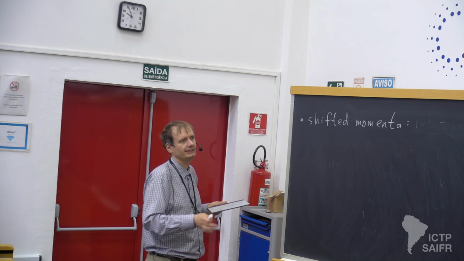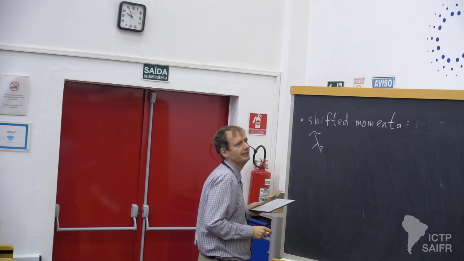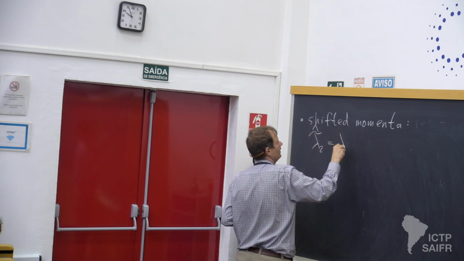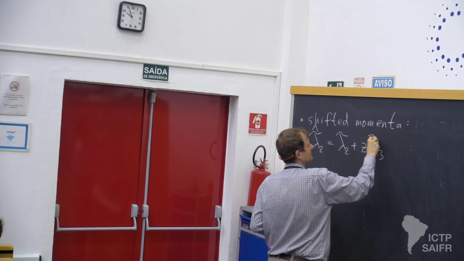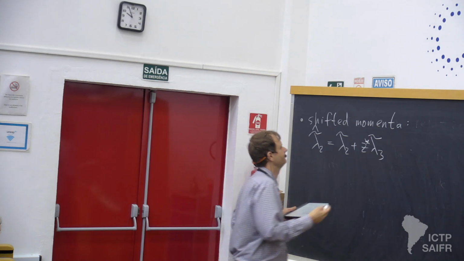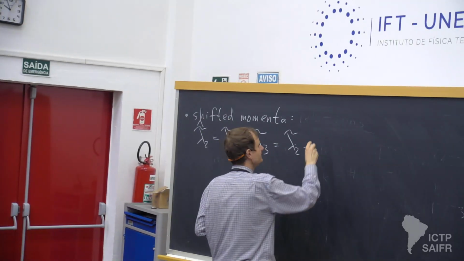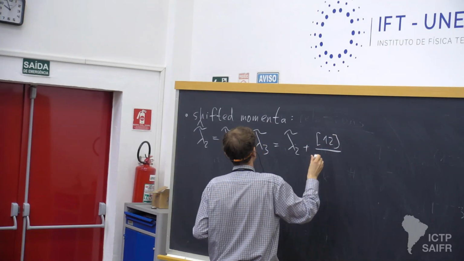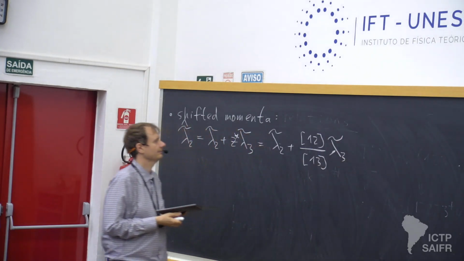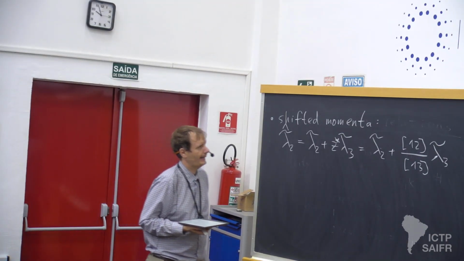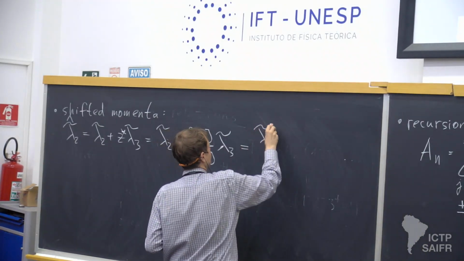Lambda 2 was not shifted, nothing happens with that. But the lambda 2 tilde was shifted. So the lambda 2 tilde hat was lambda 2 tilde plus z lambda 3 tilde. But this is now this z star. So we plug there lambda 2 tilde plus angle 1, 2 over angle 1, 3, lambda 3 tilde. Now we can put this under a common denominator, and there is some simplification which happens.